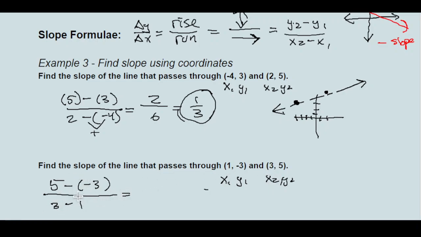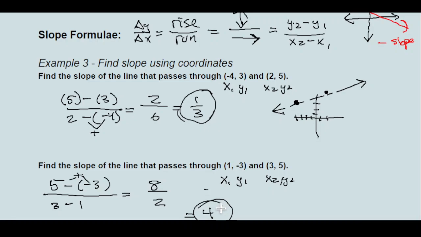So we've got a double negative here. That means this thing is changing 8 units total, 5 plus 3. And then from 3 going to 1, that's a change of 2. So in this, you have a total change of 4 units as it goes over 1 unit.